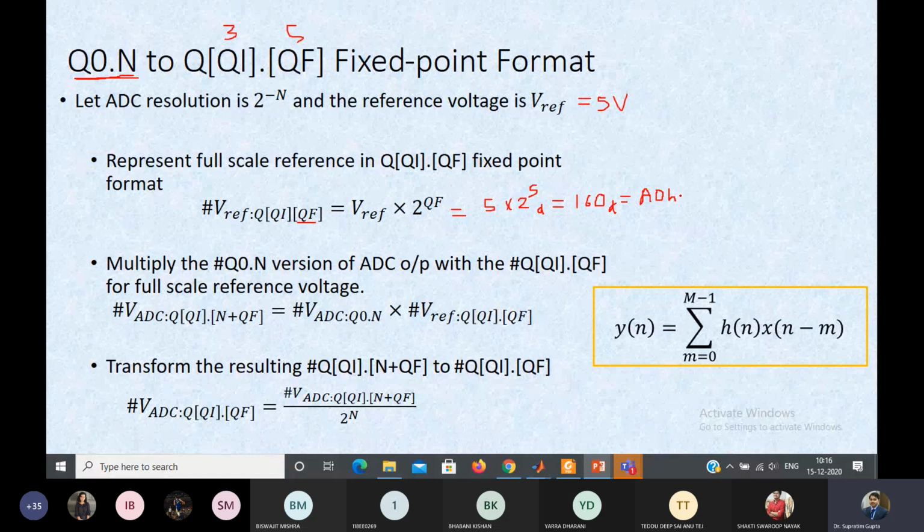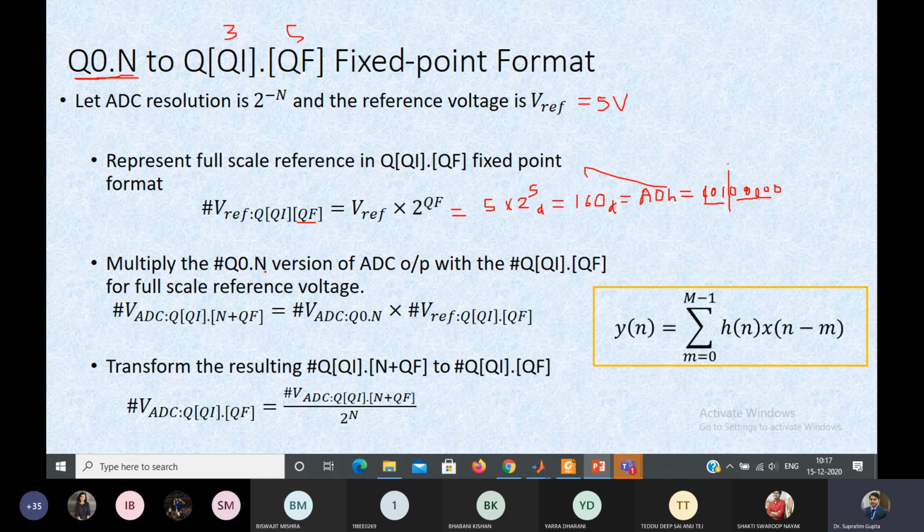Okay, and then if I represent this in binary, this is 1010 for A, and then 0 0 0 0. Now since this is a QI of 3, this is 1 2 and 3, after that we have a virtual binary point, and now this is 5 bits, all zeros. So this 5 volt is represented in fixed point format as A0.